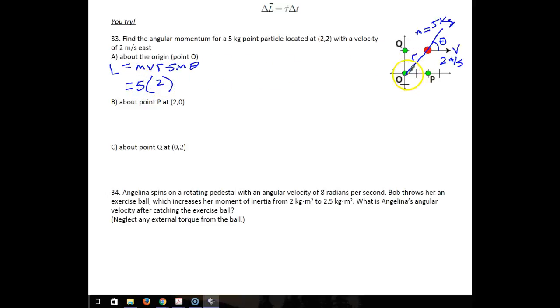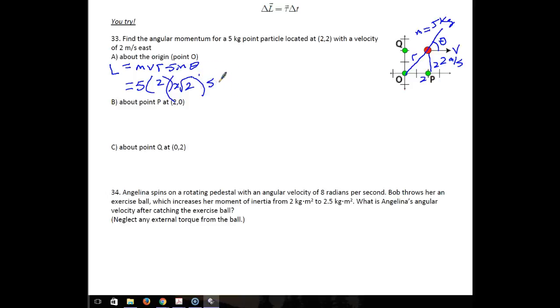And our radius. If I know that this is 2 and I know this is 2, then I know that the length of this side is going to be this 2 times the square root of 2, because that's a 45, 45, 90 triangle. And so that's what this is.